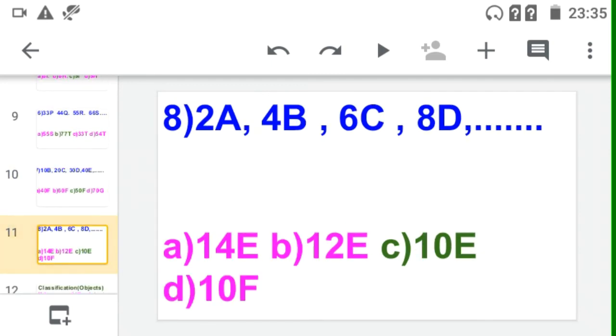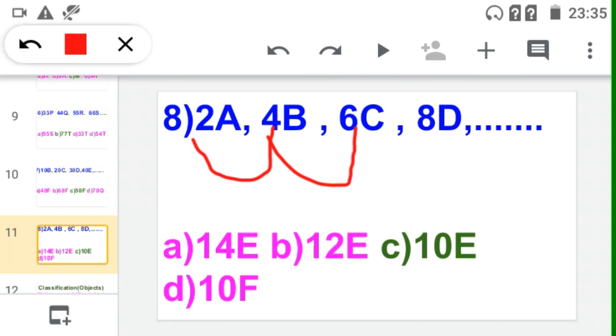Now see the 8th question. In that 8th question, first we will see the number, then afterward we will see the alphabet. So see, in the first term there is a 2, then in the second 4, then in the third 6, and then 8 in the fourth term. Now we have to find the fifth term. So have you observed, student, what it is? It is the 2's table.